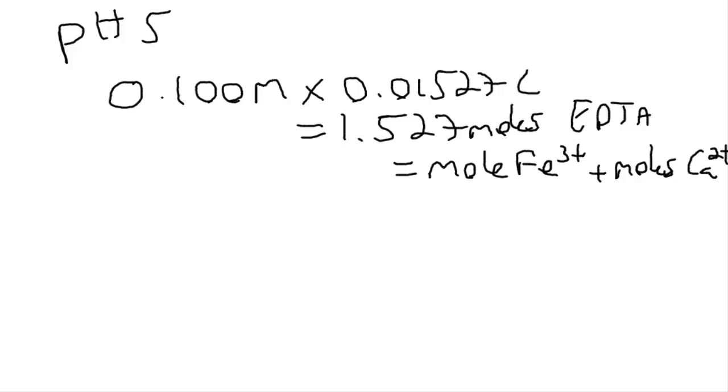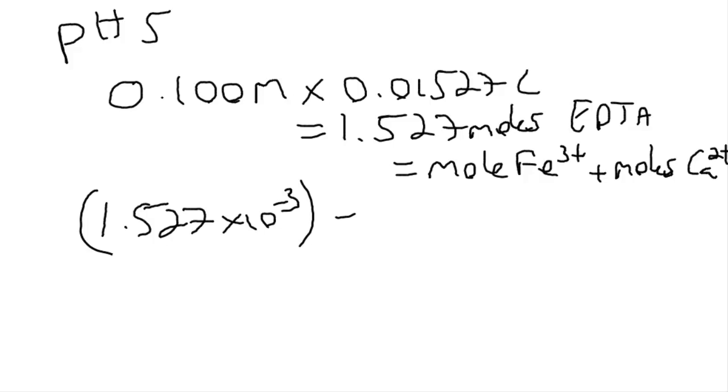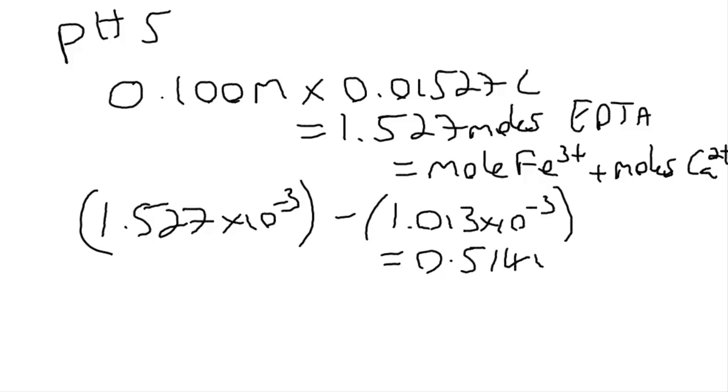Since we know the moles of iron, which we calculated at pH 2, we can just subtract. So it's 1.527 times 10 to the minus 3 minus the number of moles of iron, which we worked out to be 1.013 times 10 to the minus 3, which will give us moles of calcium, which is 0.514 times 10 to the minus 3.